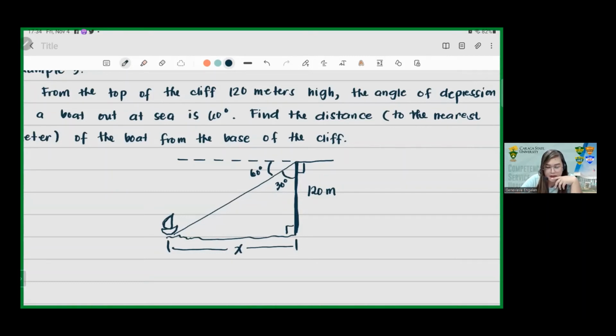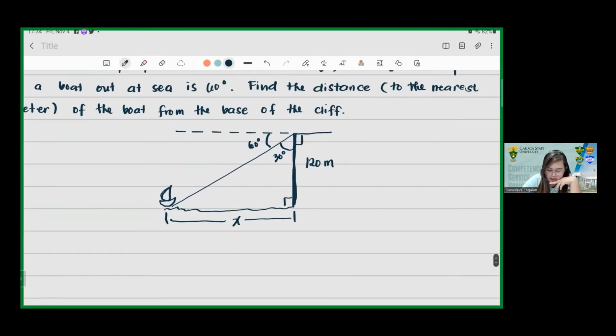So, gikan si 30, opposite o adjacent? So, unsa man atong gamiton, class? Tangent, ma'am. Tangent. So, atong gamiton is tangent ni 30.